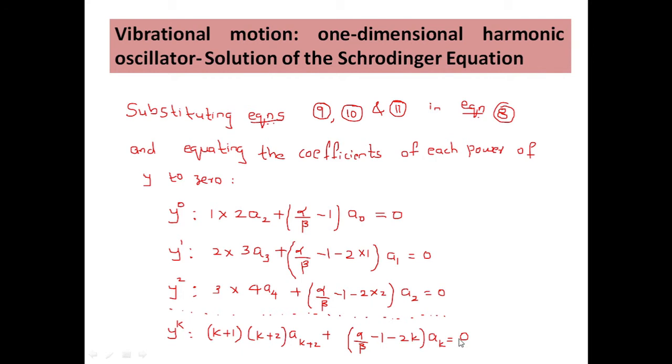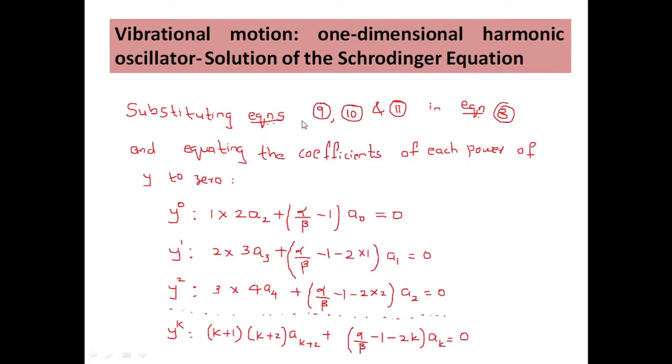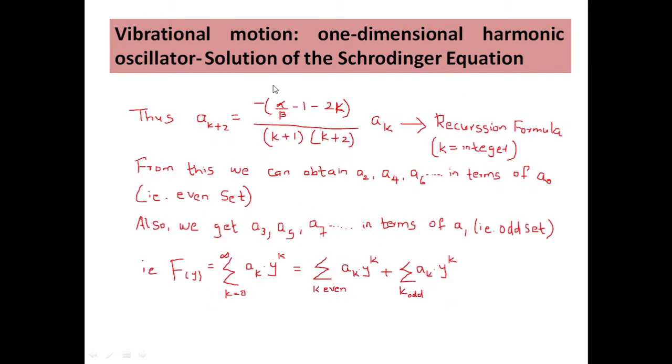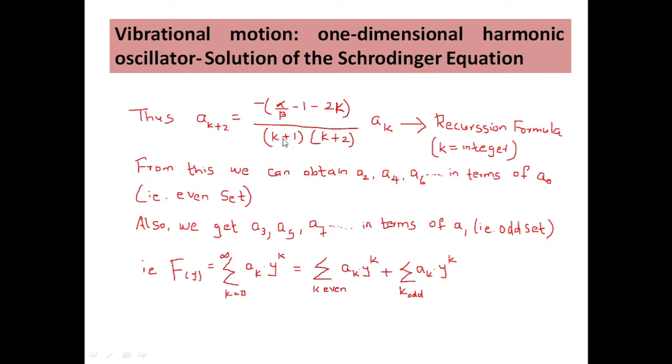It is ak plus 2 equals minus of alpha by beta minus 1 minus 2k, divided by k plus 1 into k plus 2, times ak. Here we have defined the coefficient ak plus 2 in terms of ak.